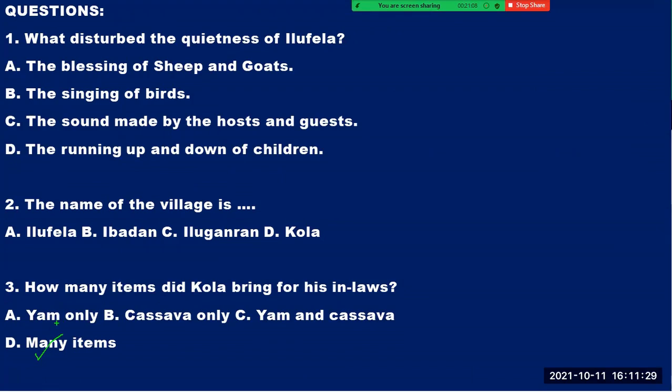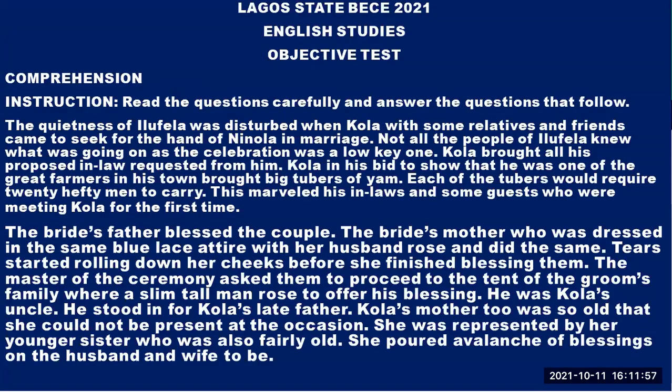How do we know? Let's go back to the passage again, and I will show you that this is evidence-based. Even though many items were not mentioned specifically in the passage, yet we can infer, we can decipher, we can figure out the information from the available information already in the passage. So let's get back and see the information about what Kola brought to his in-laws' house.